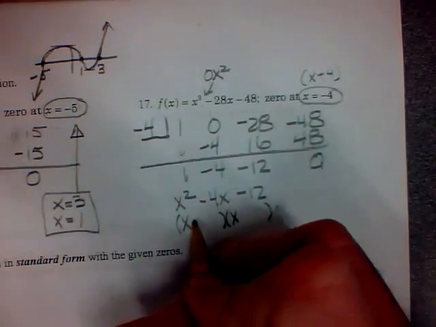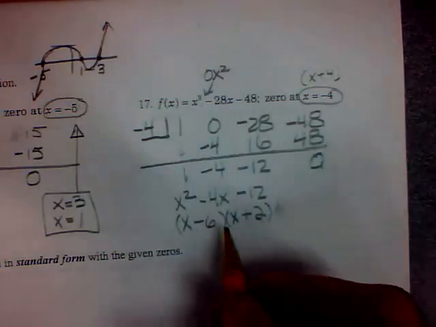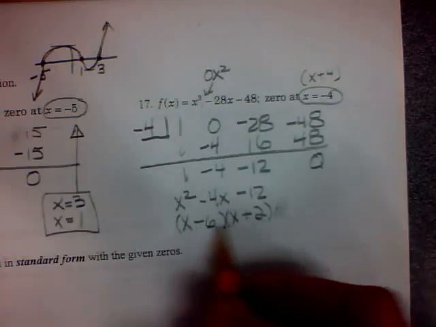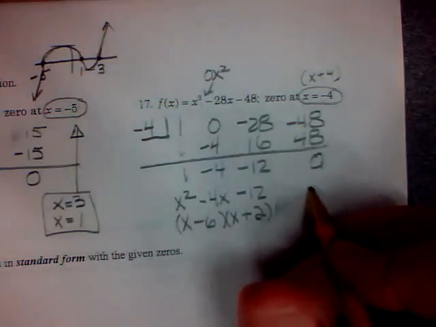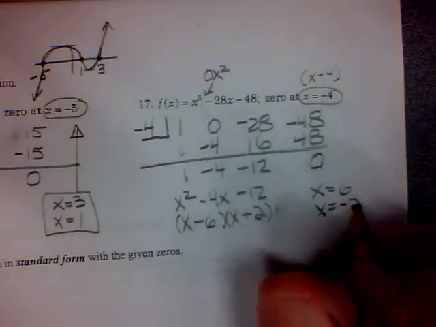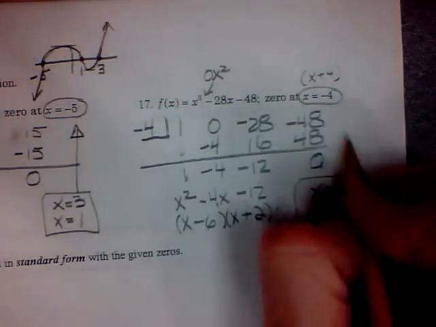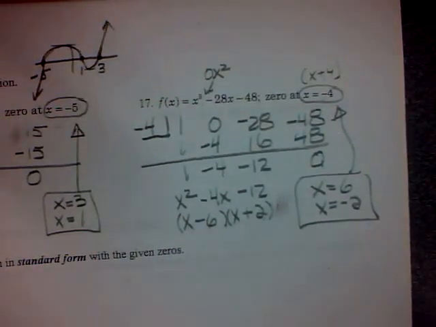Factors of 12 would be -6 and +2, because that'll get you a -12, but then +2x and -6x will get you -4x. So what are your zeros here? Your zeros are x equals 6 and x equals -2. So those, along with the original -4, are your zeros.